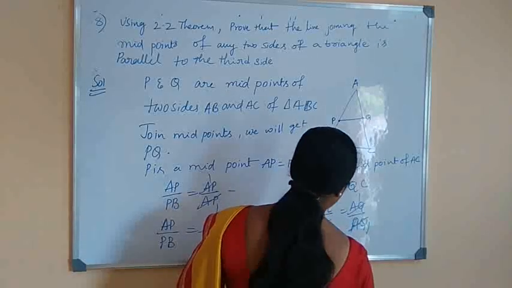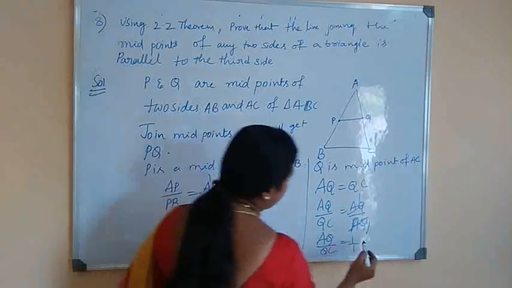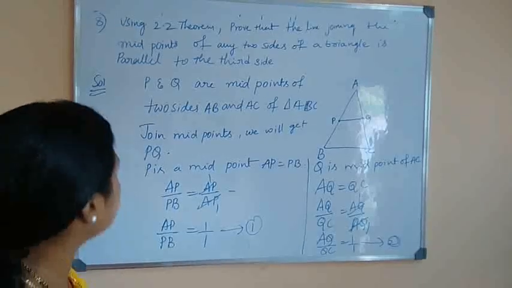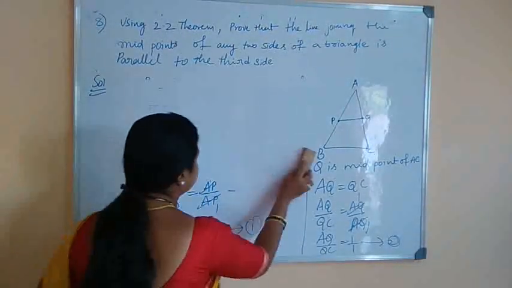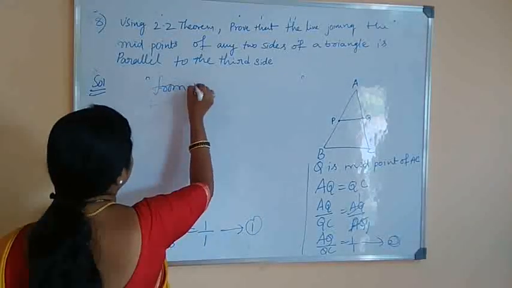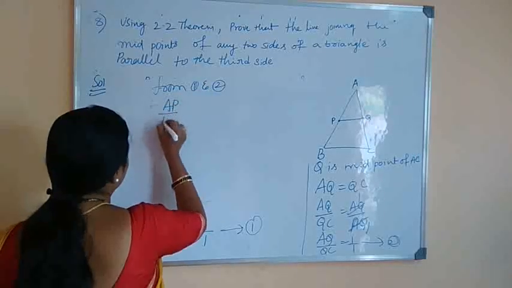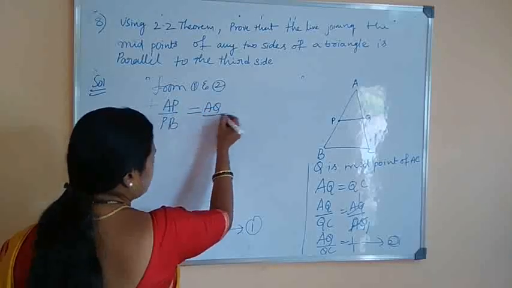AQ by QC is equal to 1 by 1. This is equation 1 and this is equation 2. From 1 and 2, see here, RHS becomes equal means LHS becomes equal. From 1 and 2, AP by PB is equal to AQ by QC.